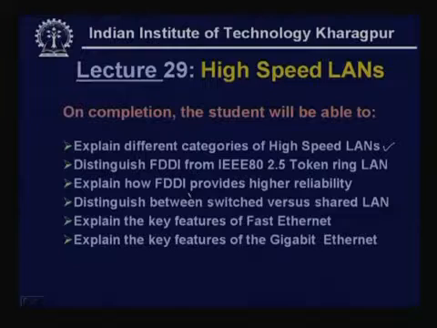Then explain how FDDI provides higher reliability compared to IEEE 802.5. They will be able to explain or distinguish between switched versus shared LAN. They will also be able to explain the key features of fast Ethernet, and the key features of gigabit Ethernet.